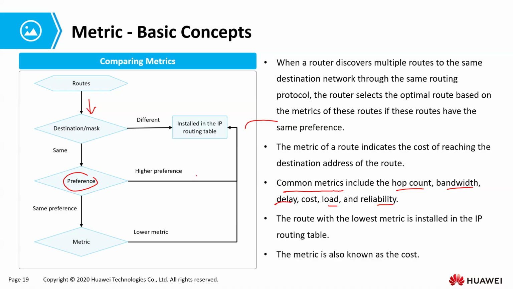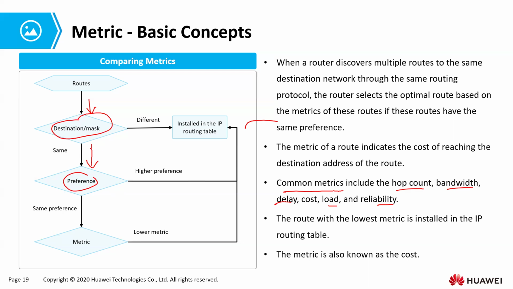Okay, let me try to interpret it. For my route side one, I think it's saying when the router learns a route, it knows the destination our packet is going to. The first thing it looks at is the preference before the metric. So it will look at the preference. If it's the same, then we are still at the destination. Yes. At first it confused me, but it prioritizes preference over metric.